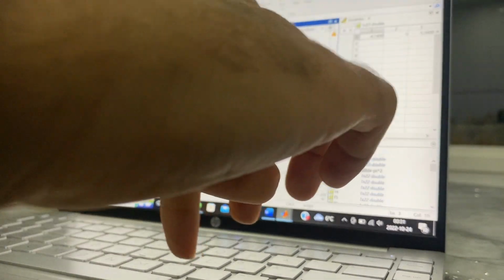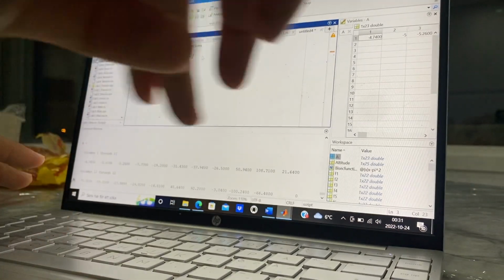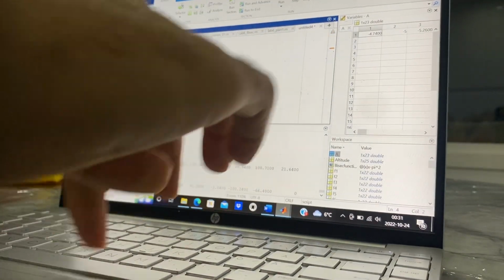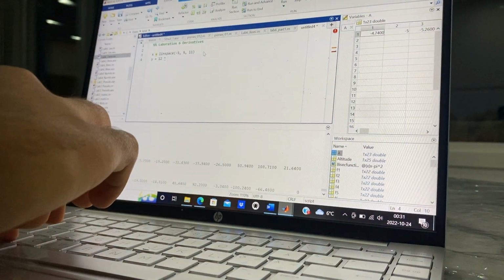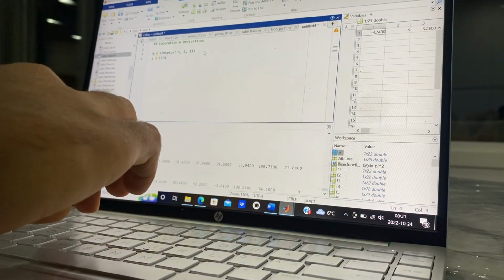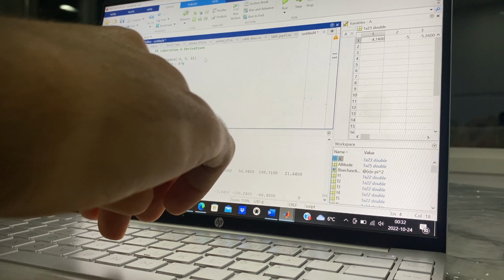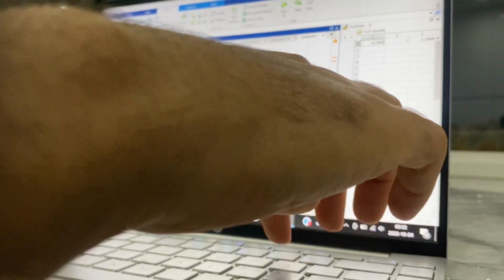Minus 5, 5, and 11 numbers between them. 11 numbers from minus 5 to plus 5, and the function is y equals 12 times x powered up to 3 minus 5 times x powered to 2 plus 3.